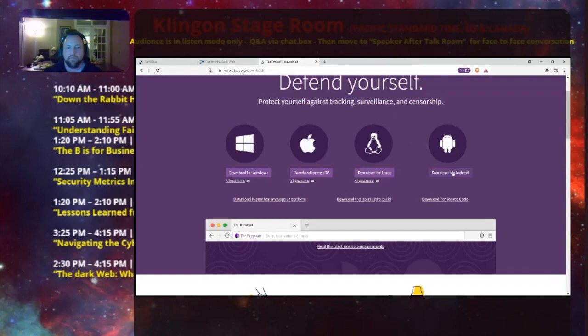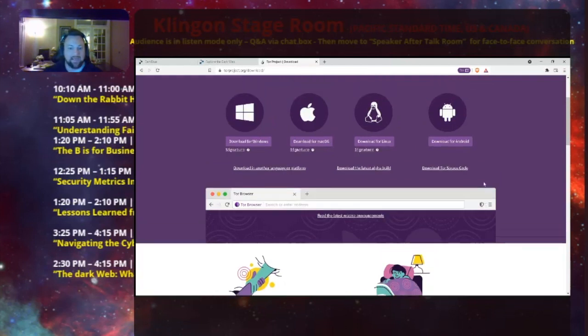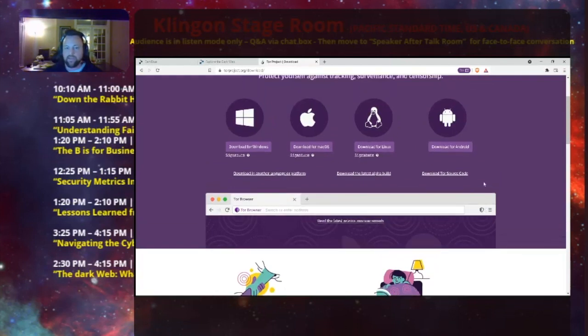Now, once you download and access it, keep in mind that when you connect to Tor, you are still exposing the IP address that you're coming from on that first connection. So your ISP is going to be aware that you're connected into Tor. They are not going to see what you're doing, but they are going to be aware that you are connecting into Tor.